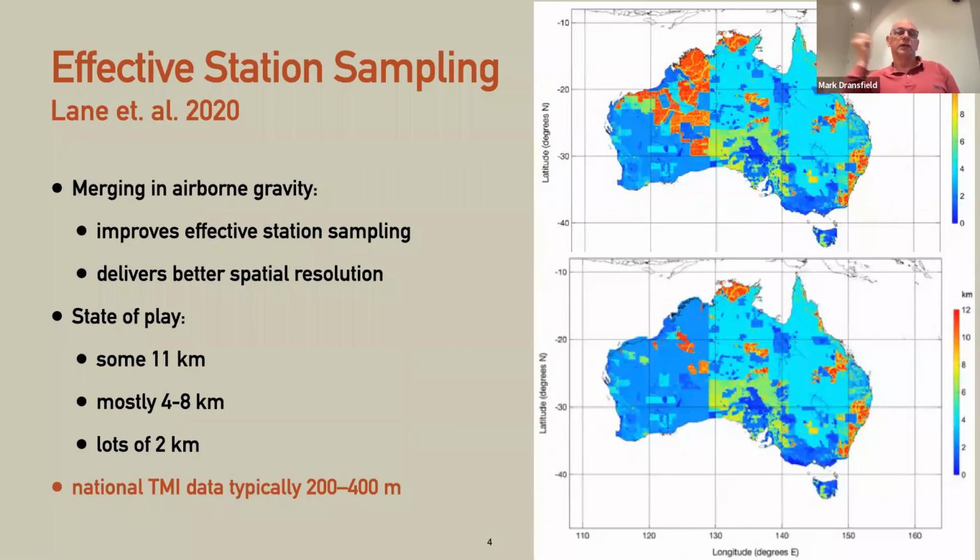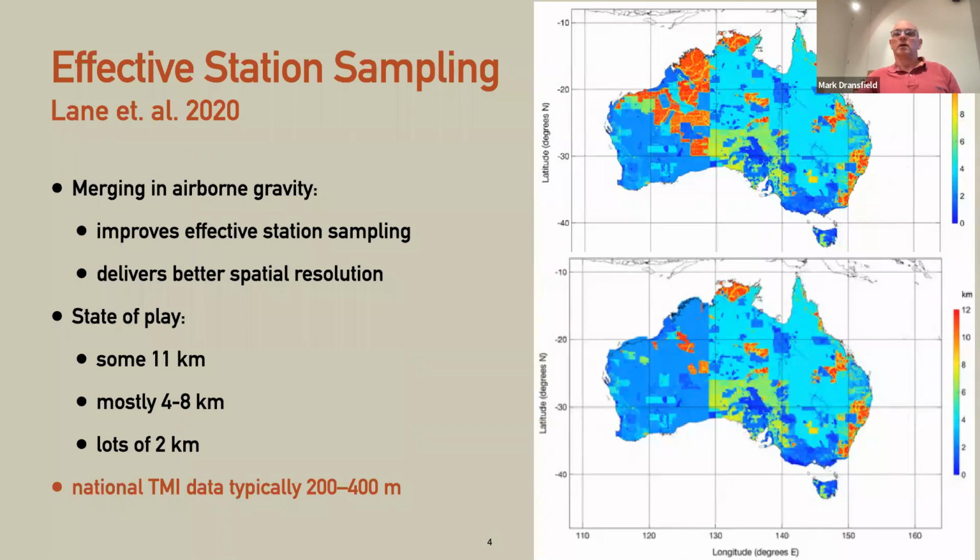Continuing on the theme of the latest release, if you look at these two maps here, you can see on the top the state of play in effective station sampling before these data were released, and then below it, the state of play afterwards. And it just so happens in the period between those two data releases, in Western Australia, a large area of airborne gravity and airborne gravity gradiometry was flown.